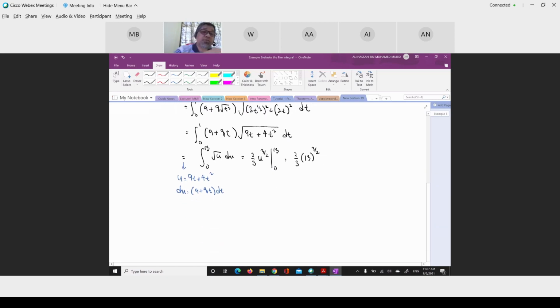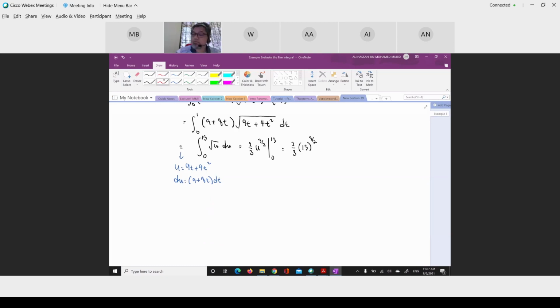Let's do one more example. Suppose C is a line segment in space from the point 0, 0, 0 to the point 1, minus 3, 2.